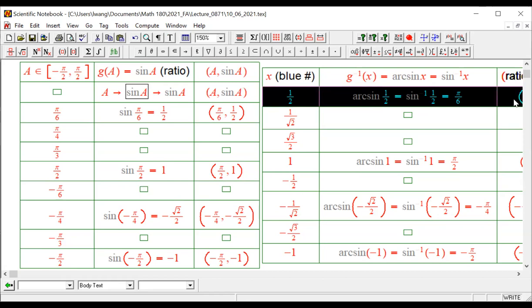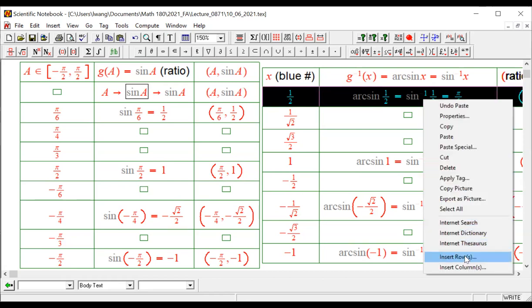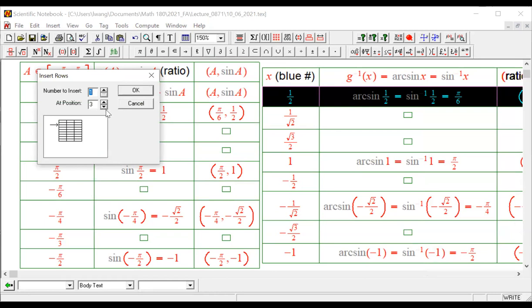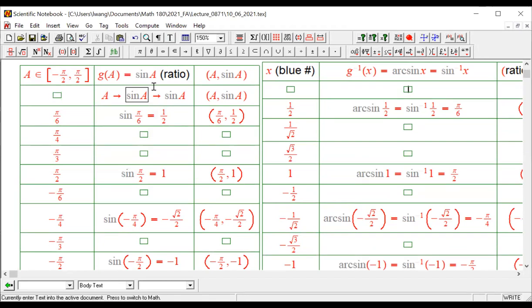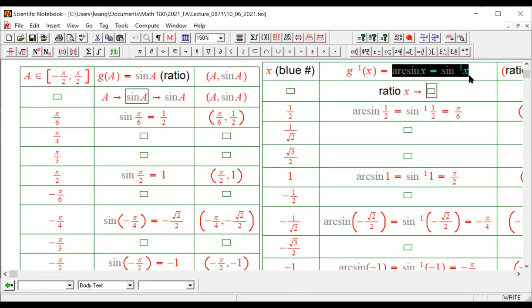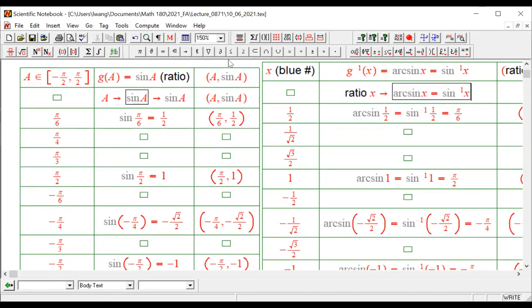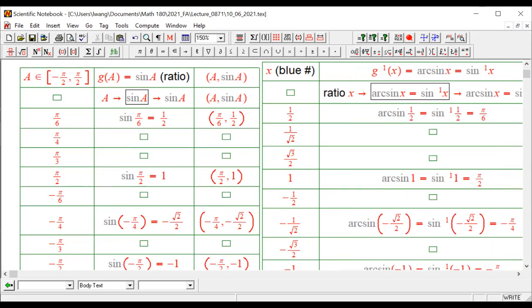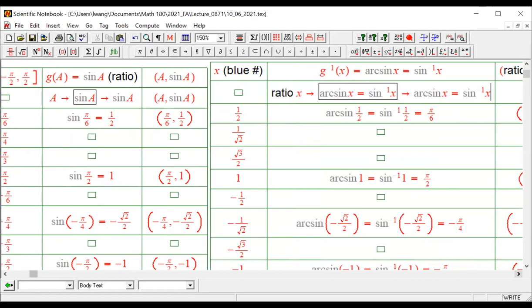How about the other one? The input is ratio x, and goes through that machine of sine inverse or arcsine, whatever name now. It produces what? It produces angle.